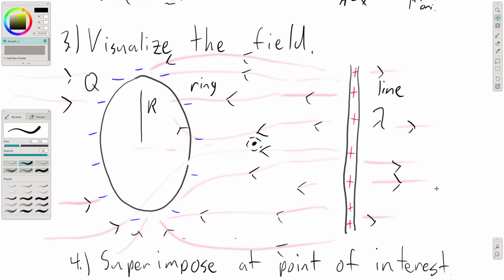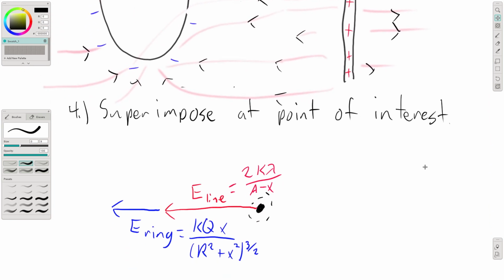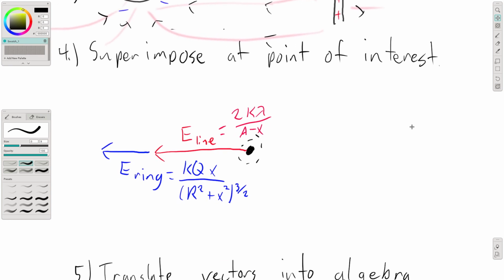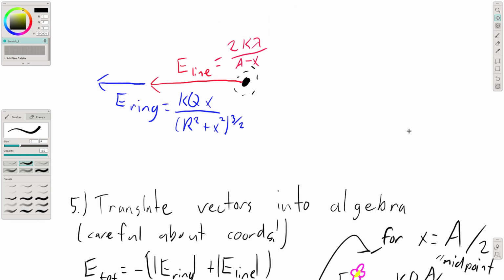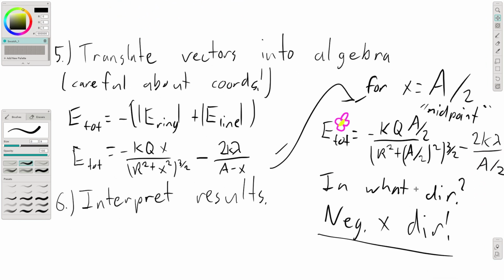We visualize the field using our advanced tablet technology or your advanced brain technology. We superimpose the fields at the point of interest very similarly to our free body diagrams and turn that into our beautiful algebraic form, which we made beautiful through the power of imagination and kawaii flowers. Then interpreted that it points in the negative x direction, as is consistent with the rest of our problem.